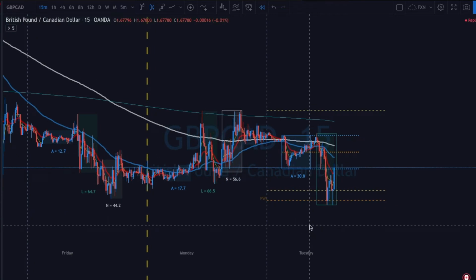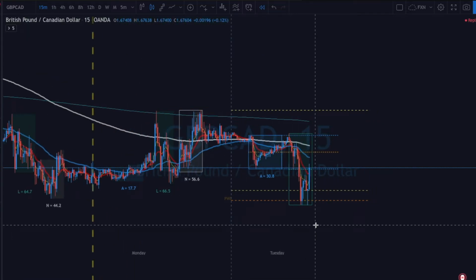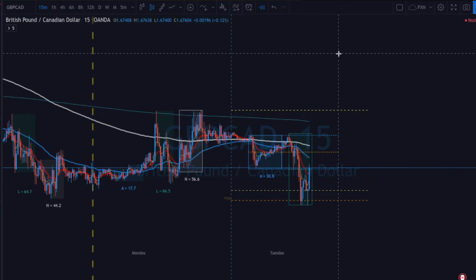So remember that essentially we only have two options when it comes to this type of movement on Tuesday. We could have a reversal. If this is a market maker cycle here, we could potentially have a move that goes all the way up from Tuesday. So let's see what we have here.